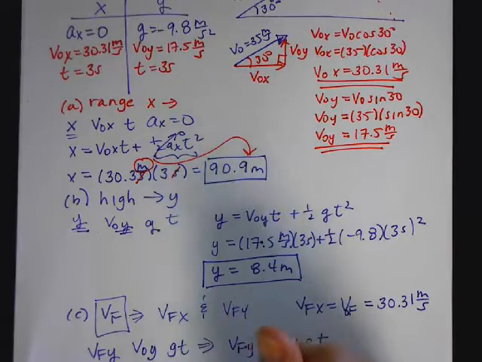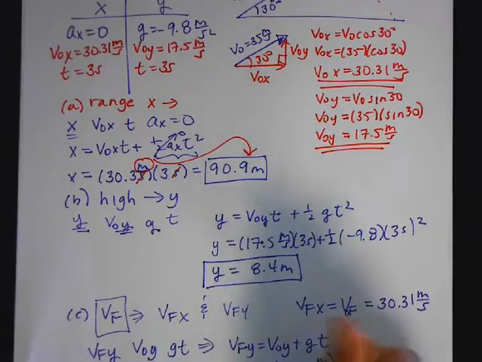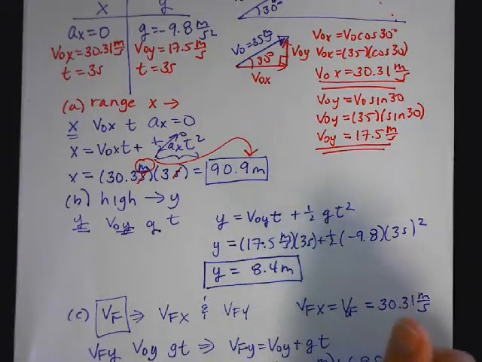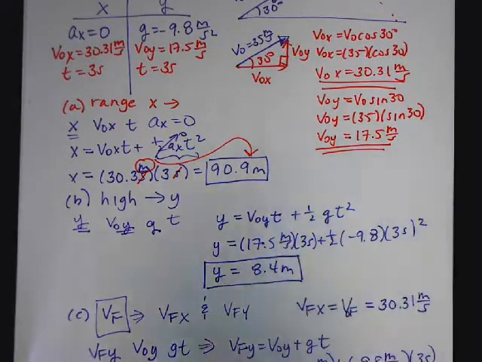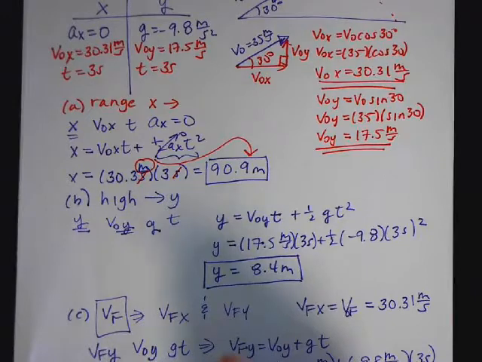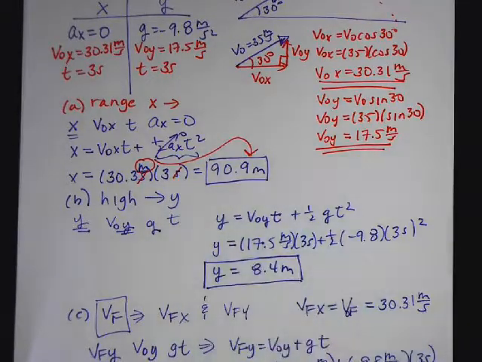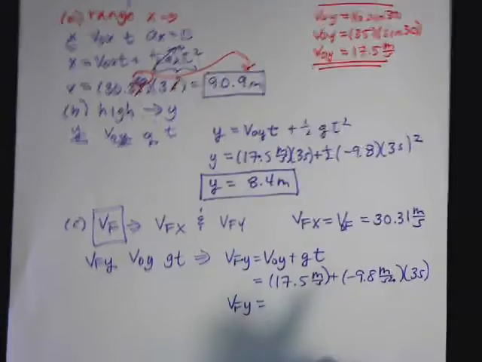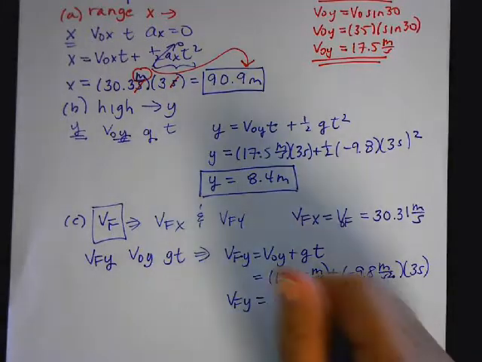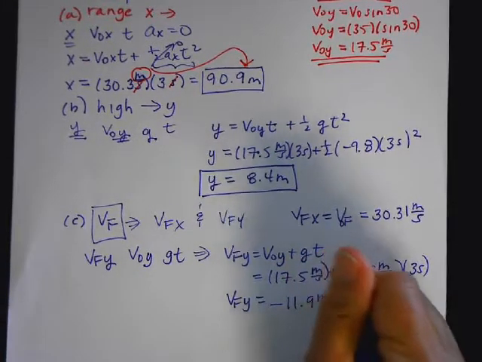So when I do that, VFY is equal to 17.5 meters per second plus negative 9.8 meters per second squared times 3 seconds. Now when I work this out on my calculator, VFY comes out to be negative 11.9 meters per second.